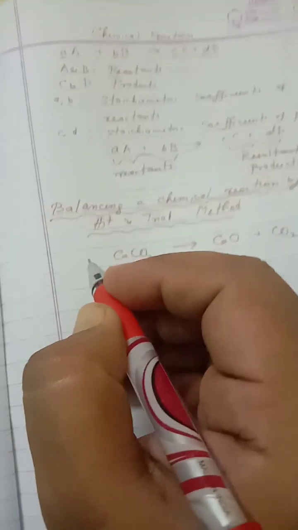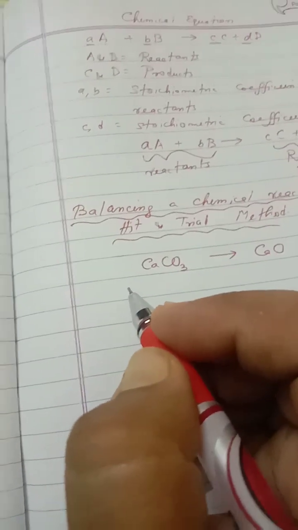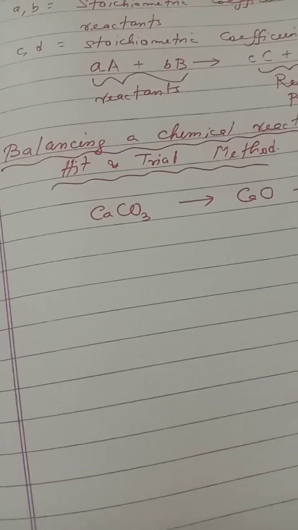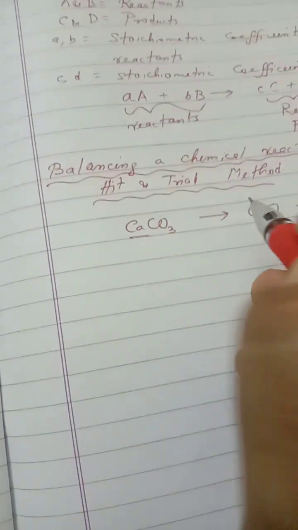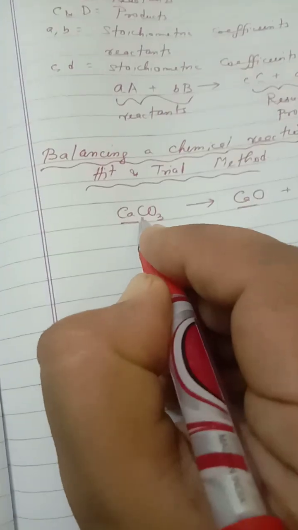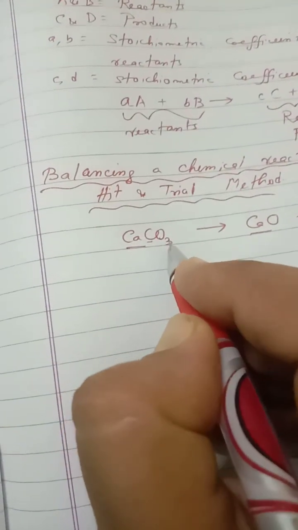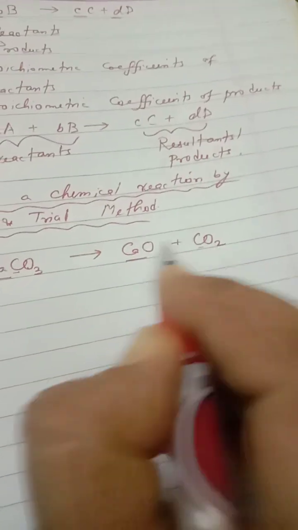So here, according to hit and trial, we need to count the number of atoms of an element on both sides, whether they are the same in number. If the number of atoms are not the same, then we need to balance them by using some numbers. So count here: one calcium atom, one calcium atom, one carbon atom, one carbon atom, oxygen is 3, 1 plus 2, 3.